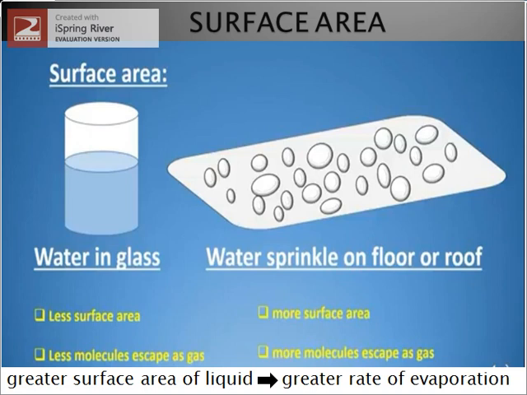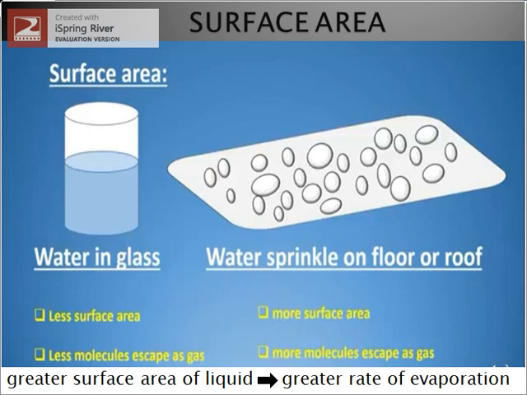Since the water spreads out in the second case, more molecules will get the kinetic energy to change into their vapor form. Since more molecules in the second case gain the kinetic energy to change into the vapor state, the rate of evaporation will be higher in the second case.